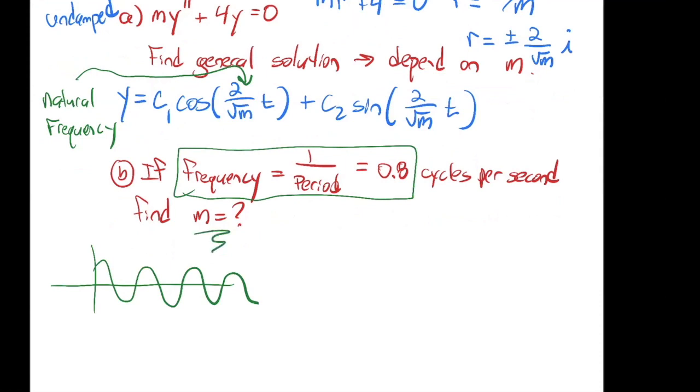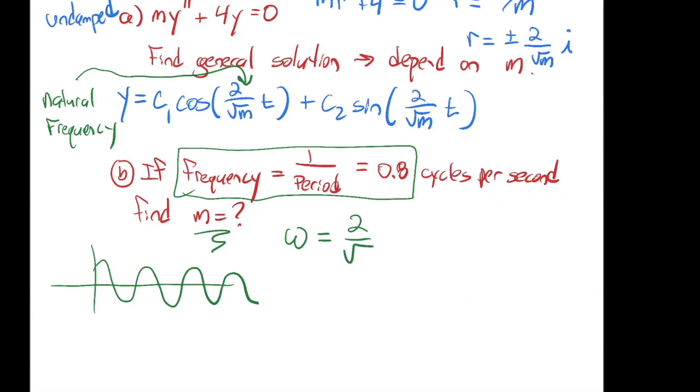Our radial frequency is going to be 2 over square root of m, which we know is going to be equal to 2 pi f. Okay, so what's the equation that you're setting up here, Kyle? The radial frequency, omega, is equal to 2 over square root of m. Mm-hmm.